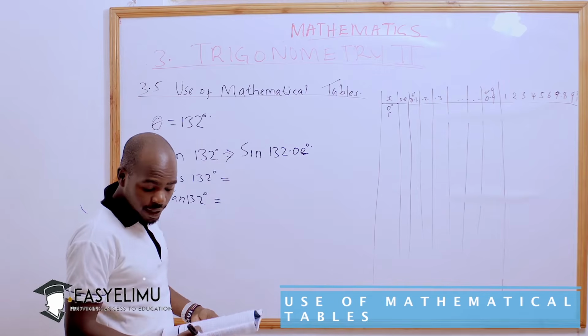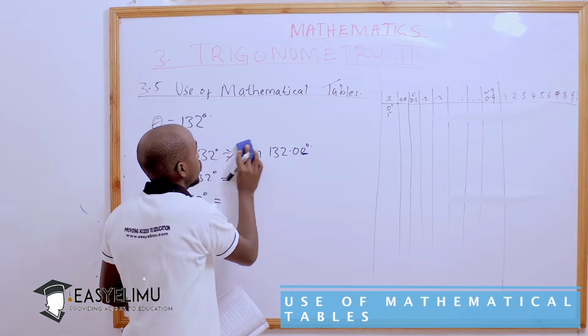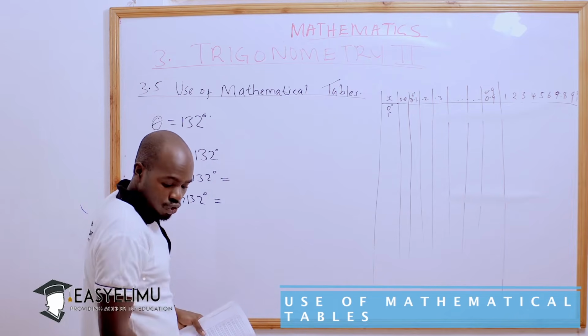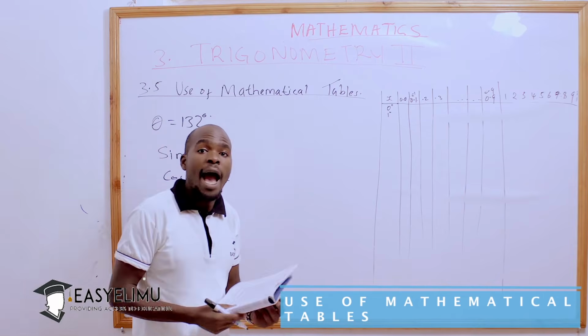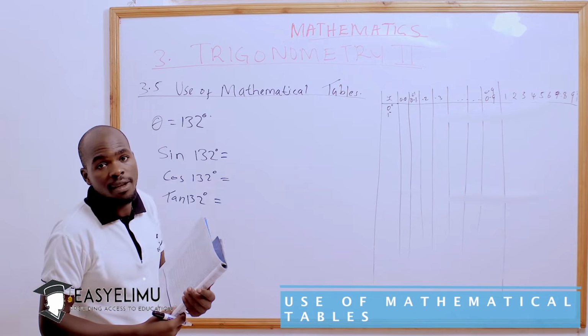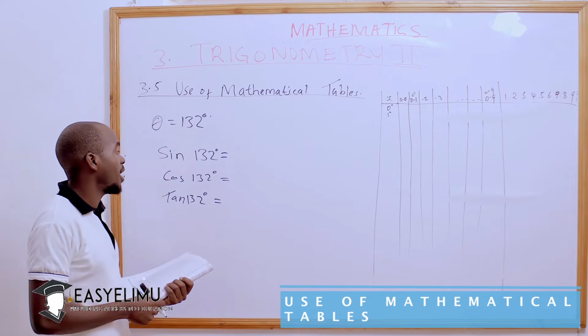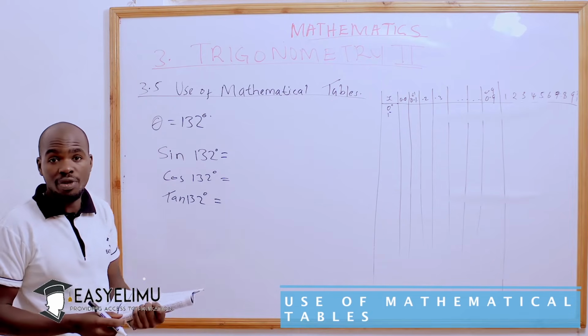So if you want to find sine 132 degrees, what you need to do first is to make it an acute angle. We write it in the way of an acute angle.